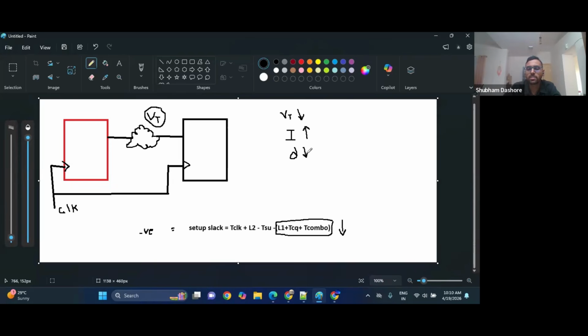If the delay is very less, the data will go very fast from here to here, so the delay we are facing will come down, and if the delay comes down, our setup slack will increase. So these kinds of techniques I can use to meet timing and avoid the timing violation.